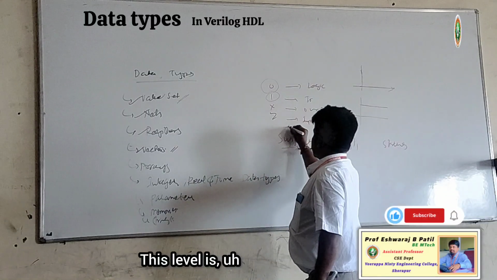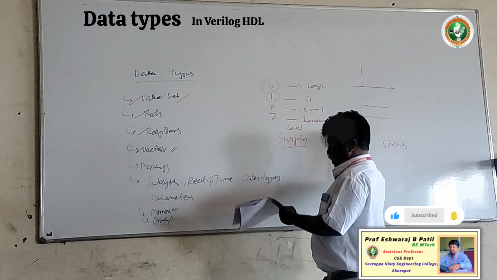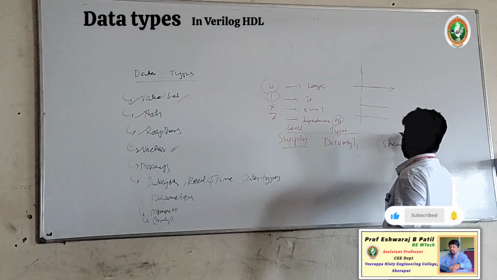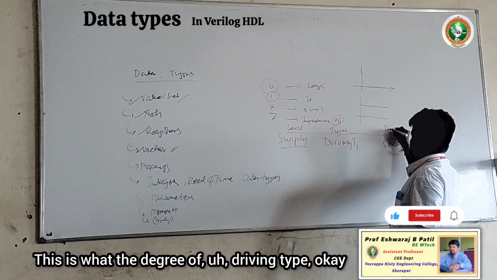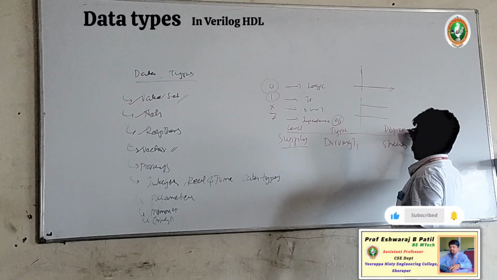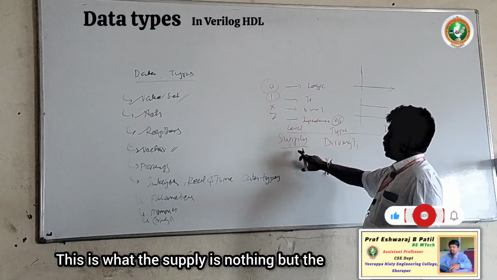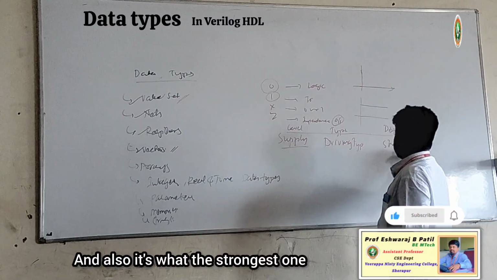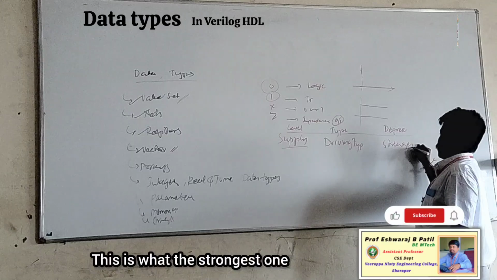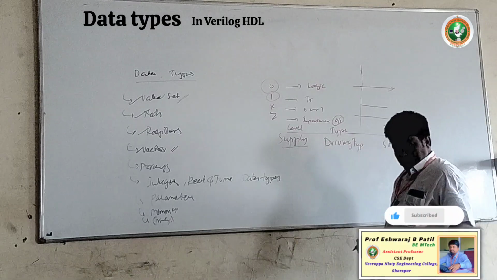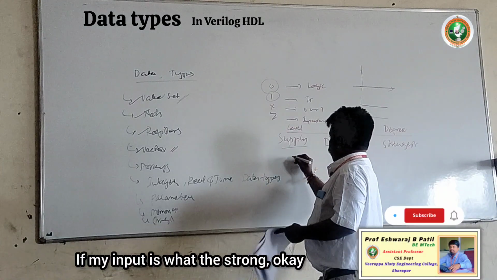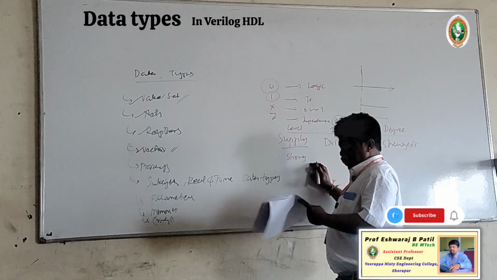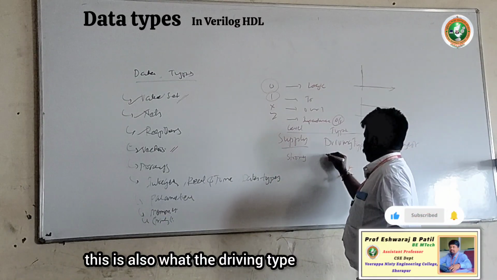If my input is strong, then supply is there, strong is there, and this is also a driving type.